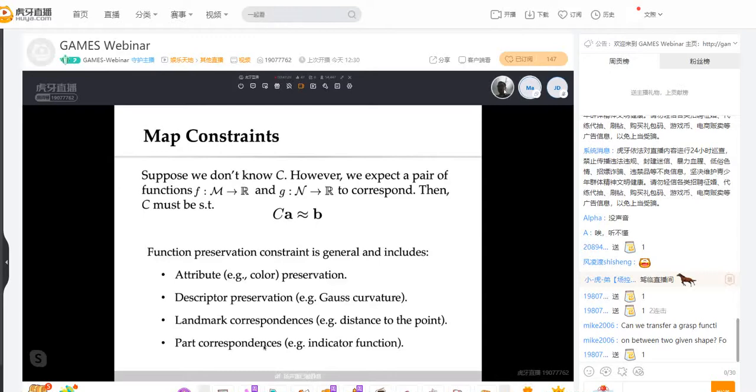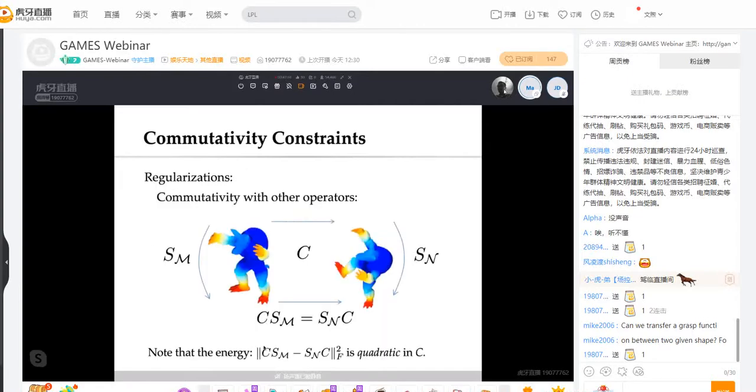Also, in case you do have some landmark correspondences between certain points, you can convert them into functional correspondences just by, for example, computing the distance to the landmarks, and that becomes a function preservation constraint. Or if you have some parts that you know should correspond, again, you can construct, for example, indicator functions. So this is a very powerful and generic constraint.